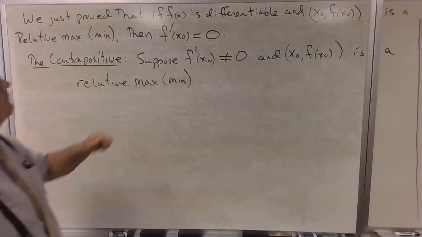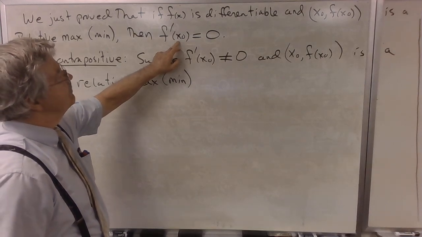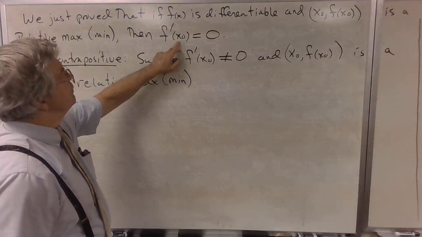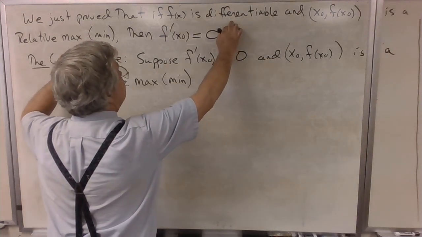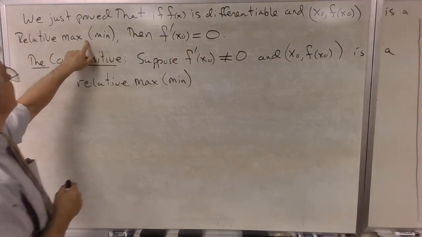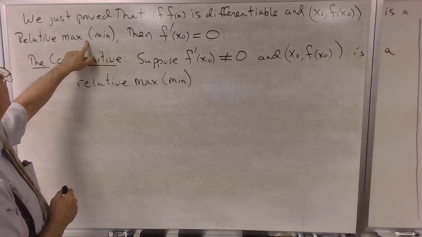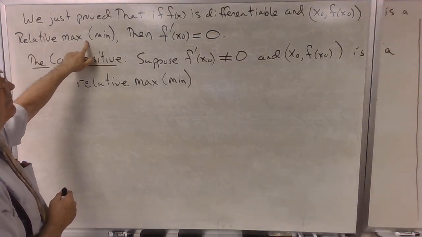So the negation of this should imply the negation of f of x is differentiable and f of x is a relative max or min.